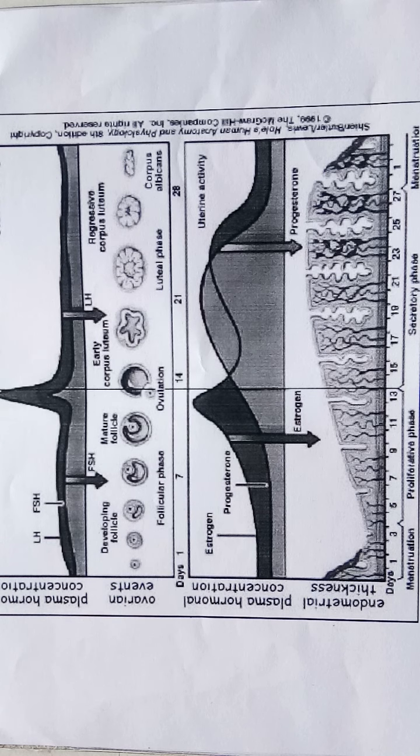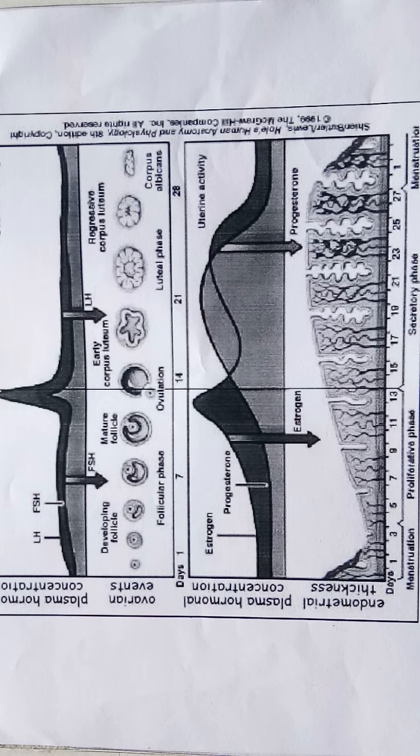This is the rapid and shortest phase of the MC. This phase takes place due to the highest level of LH and a low level of FSH. Like FSH, the pituitary gland also releases LH in blood circulation.